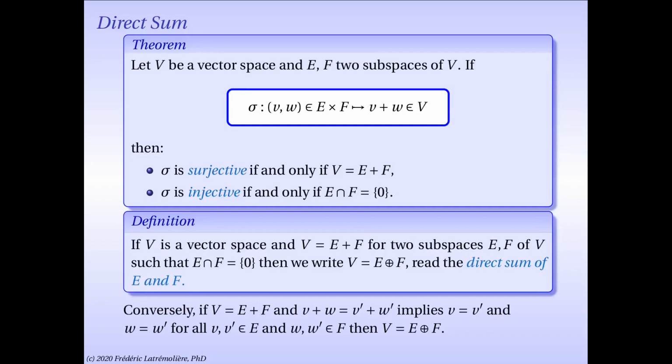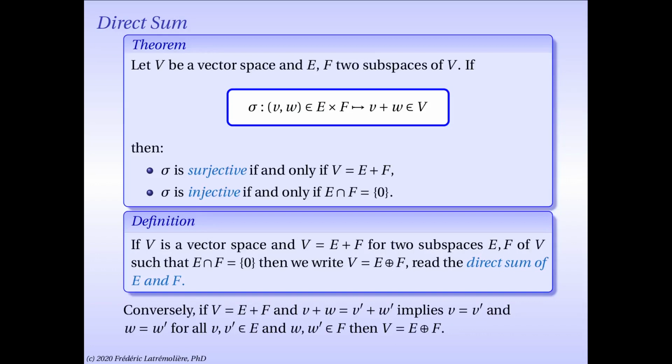Under this unique decomposition condition, we can conclude that the map sigma of the theorem has to be injective and surjective. Surjectivity is given because the vector space is the sum of E and F, but injectivity is built in right there. This complicated condition is saying that for any pair (v, w) in the Cartesian product E with F and any other pair (v prime, w prime) in the Cartesian product of E with F, if sigma of (v, w) equals sigma of (v prime, w prime), then in fact (v, w) equals (v prime, w prime).